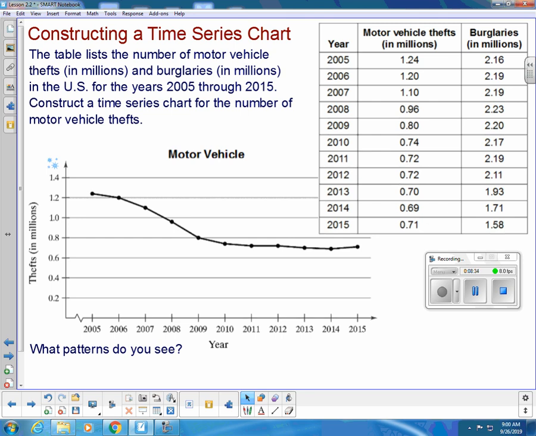So, make sure you're spreading that out and making it at least by every other one. You don't want it to get all bunched up. You want to be able to see some correlation here. So you can see the decrease in accidents, and then it seems to level off. So there just seemed to be a decrease in accidents until about 2000, 2010, it starts leveling off. So that would be an observation or a pattern that you can see. Okay?